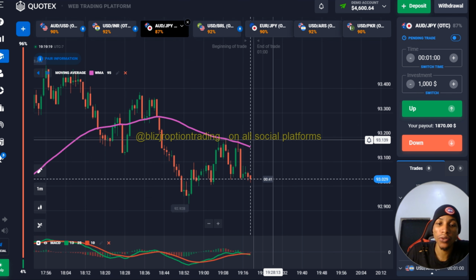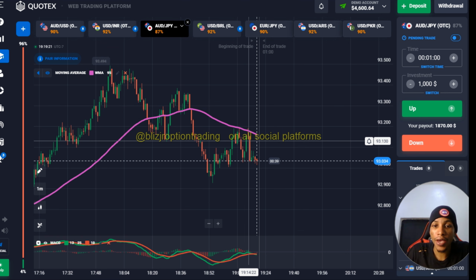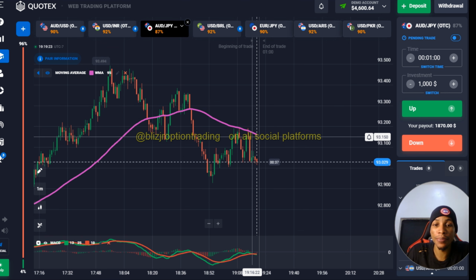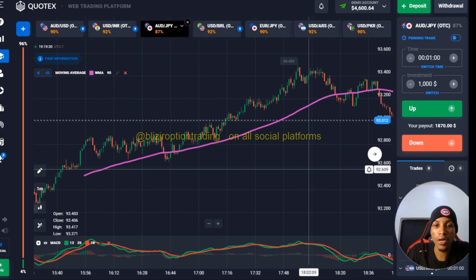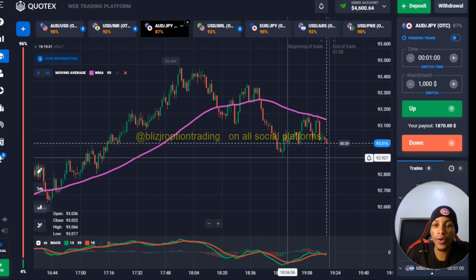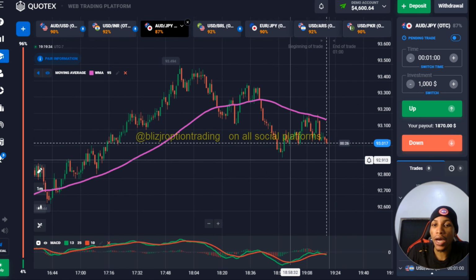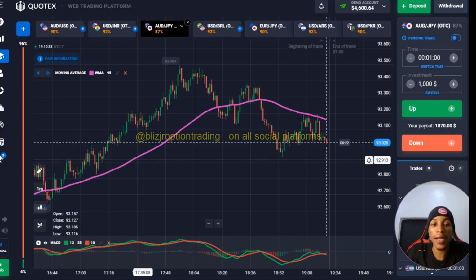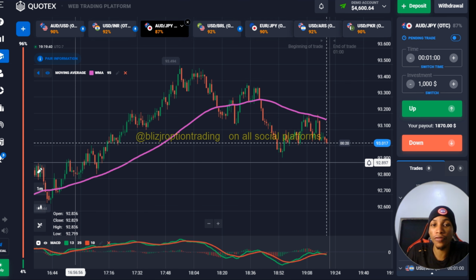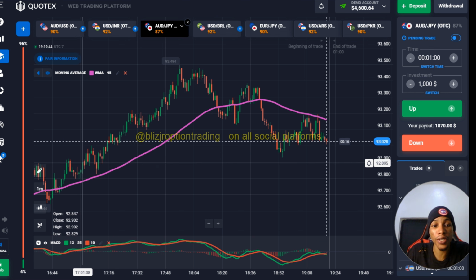Now, the reason why I took this trade is the red candles are still below the moving average, and if you look, the red candle only tested the last point of when the trend picked up into an uptrend.